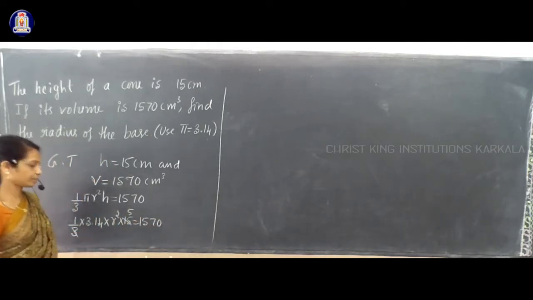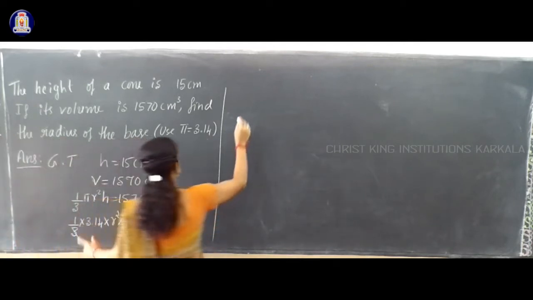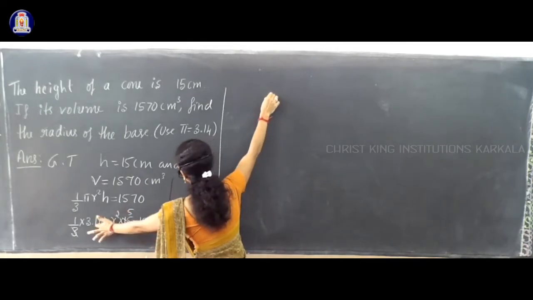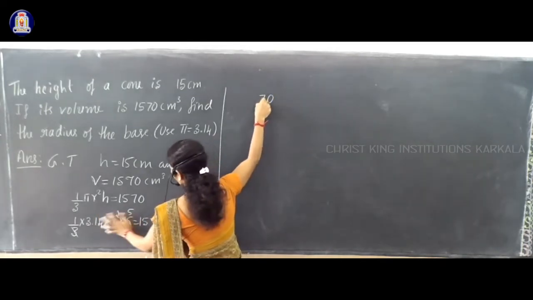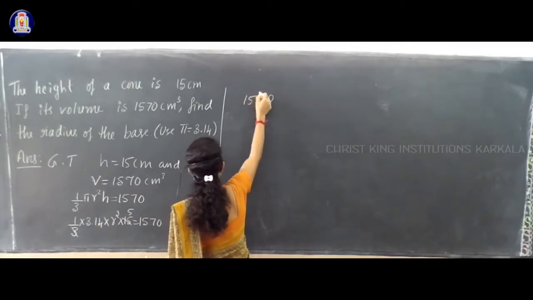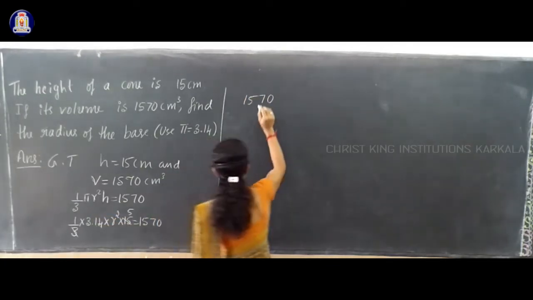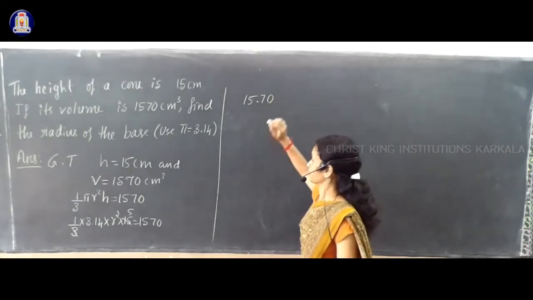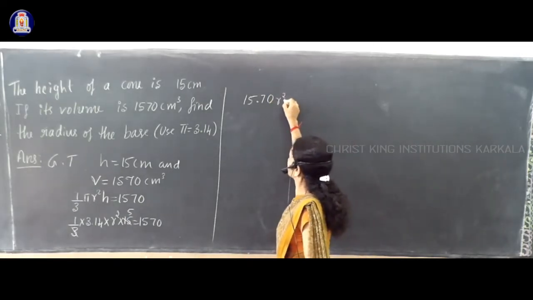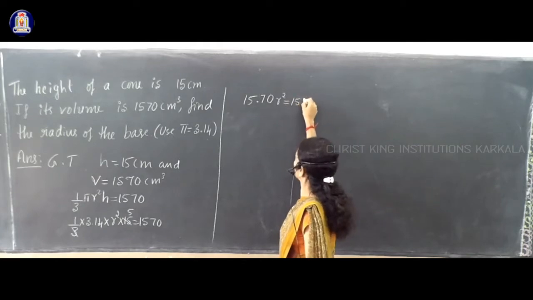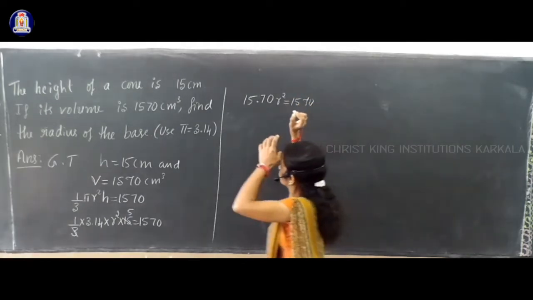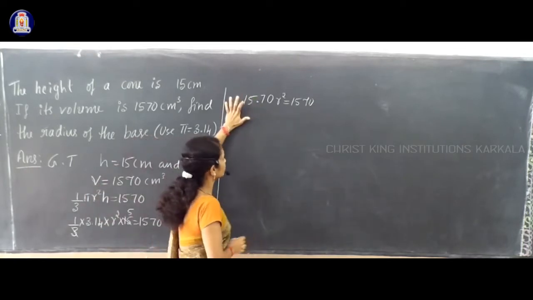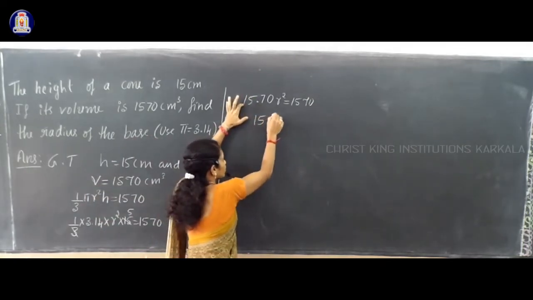Remaining numbers you multiply, 5 into 3.14. 5 into 4 that is 20, 2 left, 5 into 1 is 5 plus 2, 7, then 5 into 3, that is 15, and there is a decimal point after 2 digits, so put a point after 2 digits from the right side, and into R square as it is, so write that as it is equal to 1570.